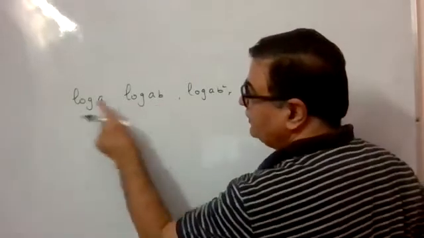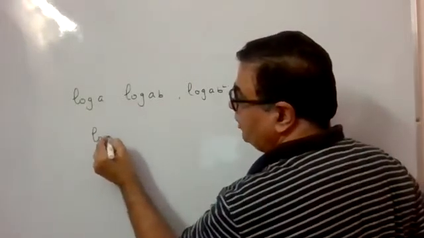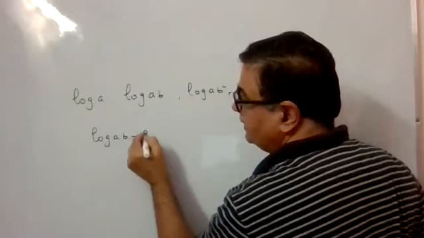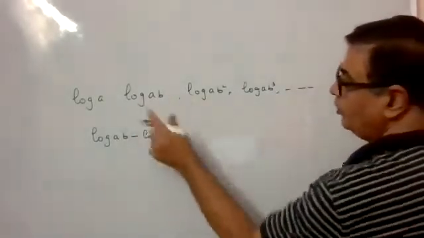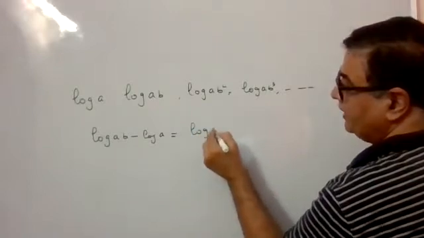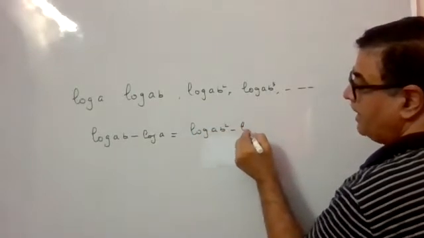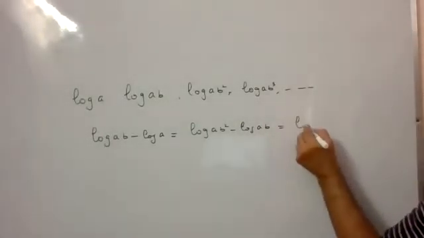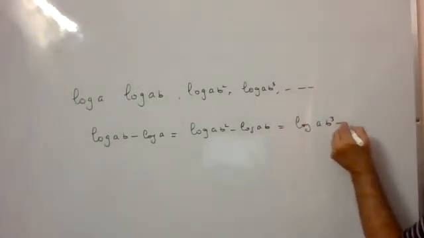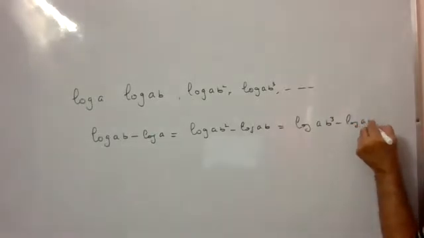When you go for this minus this, what will come? Log of AB minus log of A. Then log of AB square minus log of AB. Third will come log of AB cube minus log of AB square.